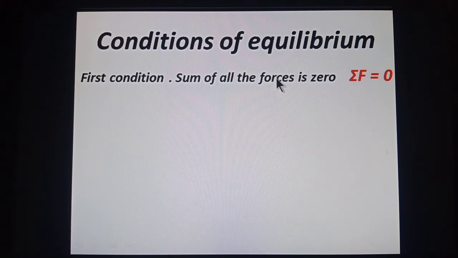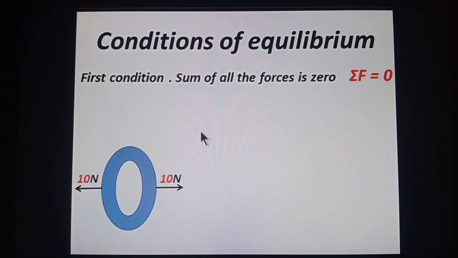Students, you know force is a vector quantity, and when we add forces, we also consider their directions. For a body to be in equilibrium, it must satisfy this first condition that all the forces acting on it should give 0 resultant.